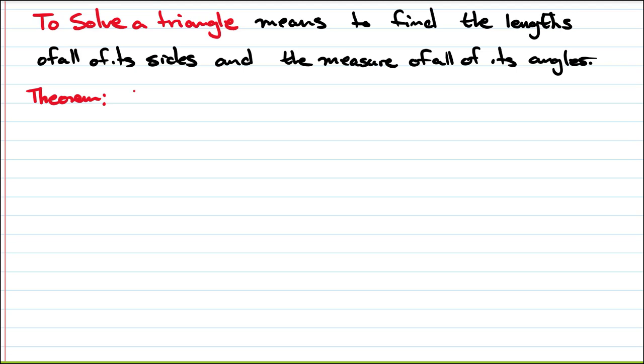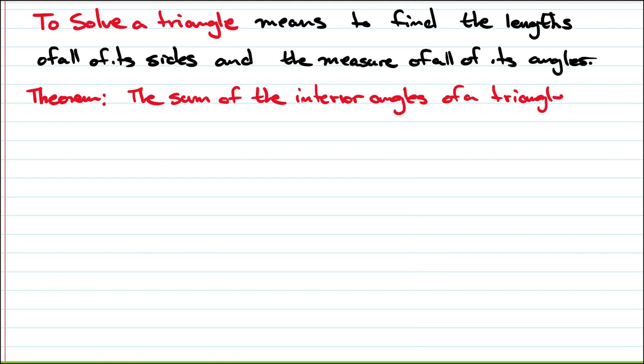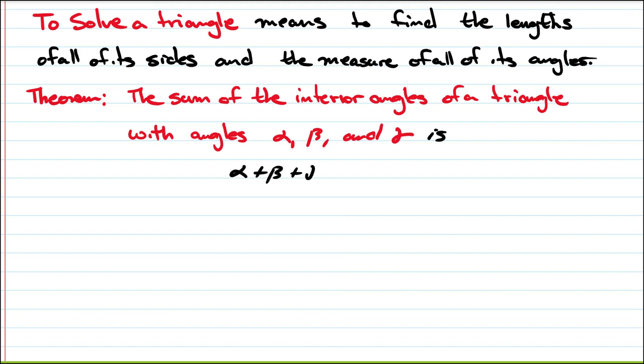So the sum of the interior angles of a triangle with angles alpha, beta, and gamma is alpha plus beta plus gamma has to equal 180 degrees.